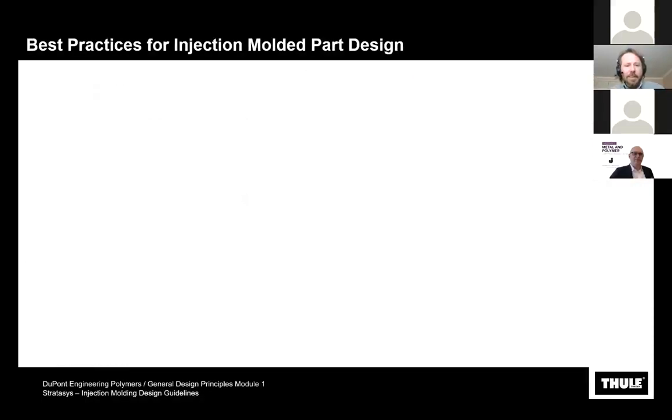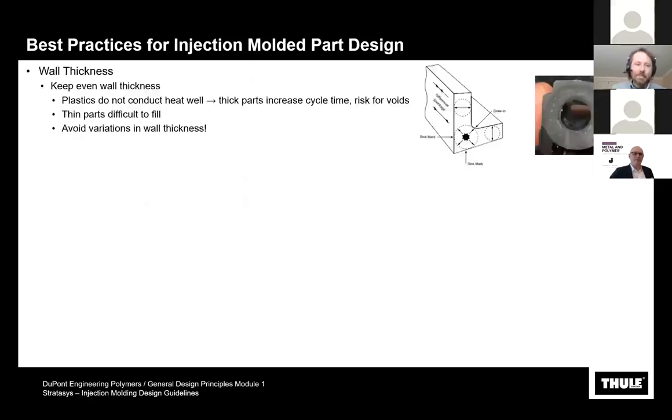So, best practices for injection molded part design. And this is in summary again, but the first thing I tell my colleagues who are designing parts is maintain even wall thickness.